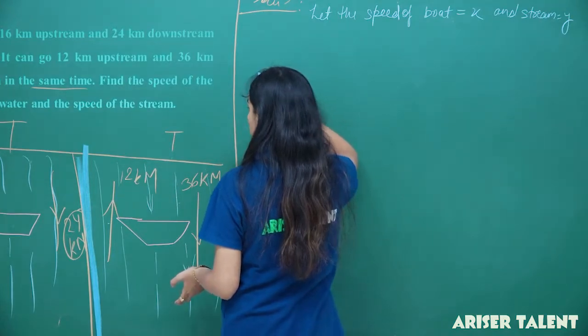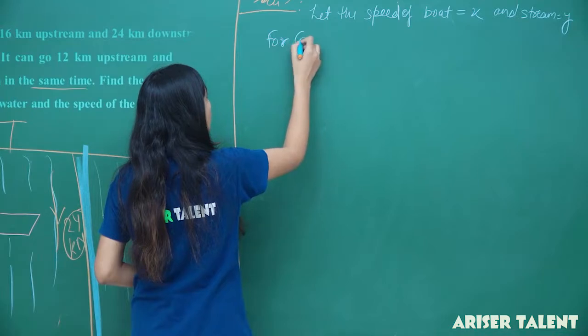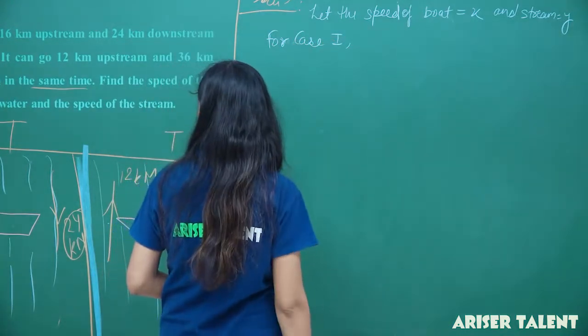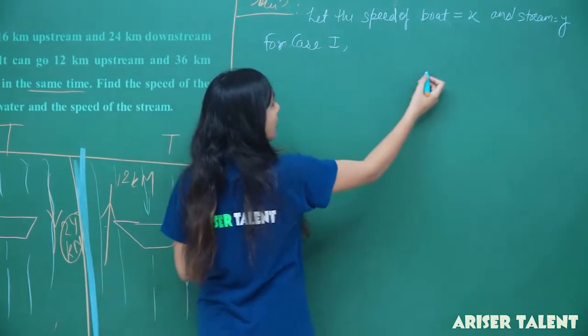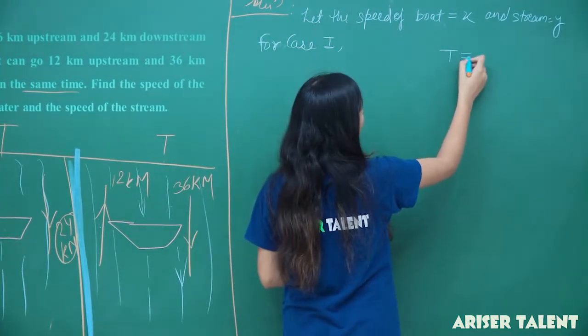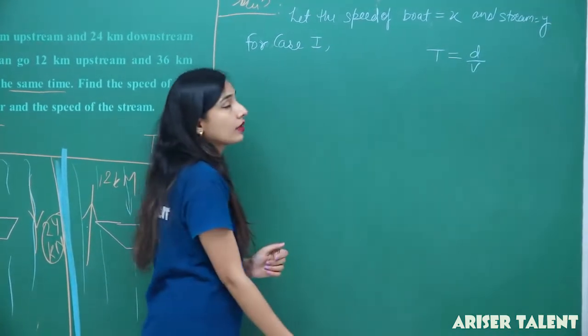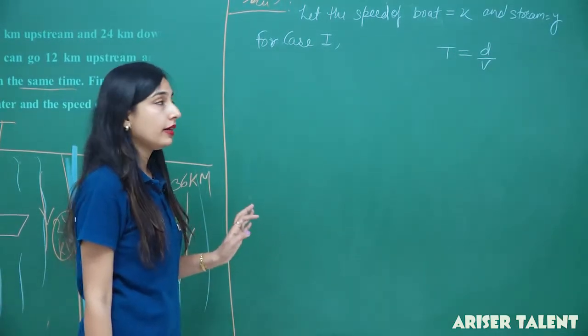So, for case 1, the time is same. So, time is what? Time is just distance upon speed. Right.